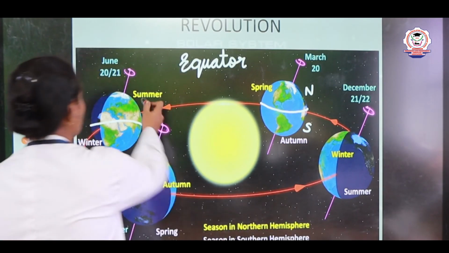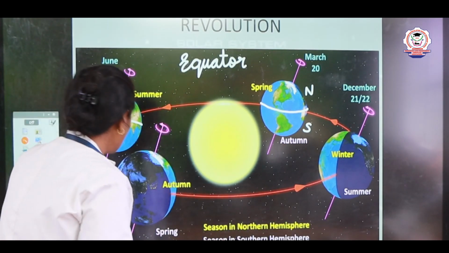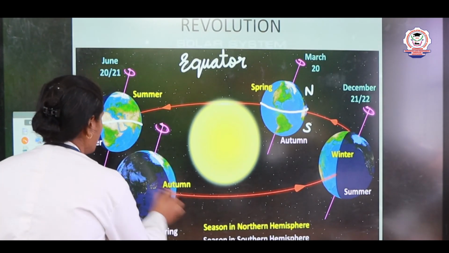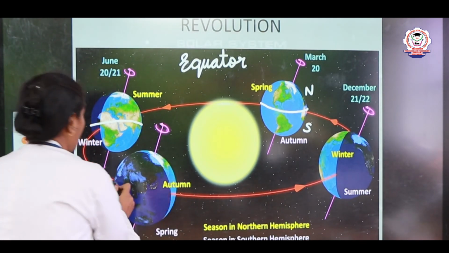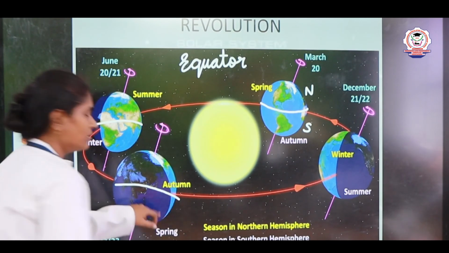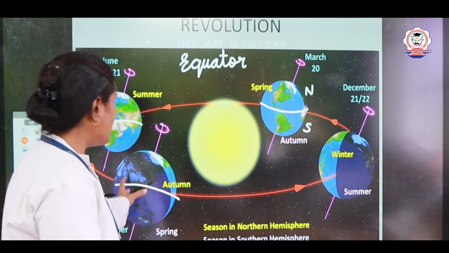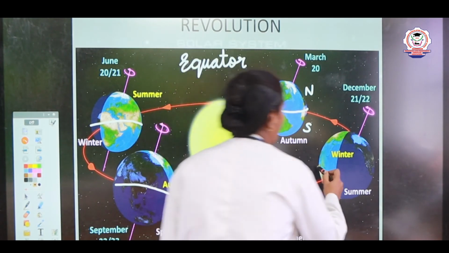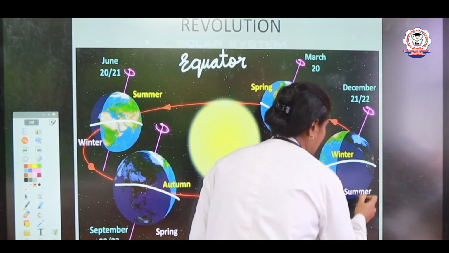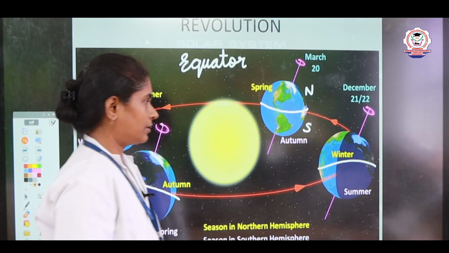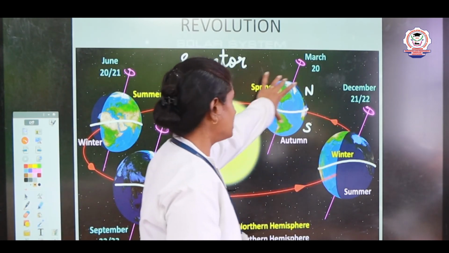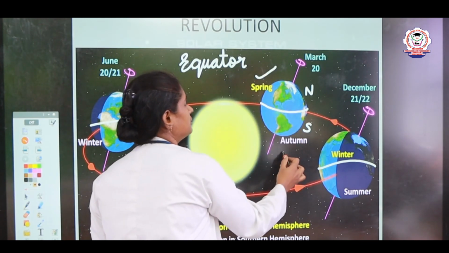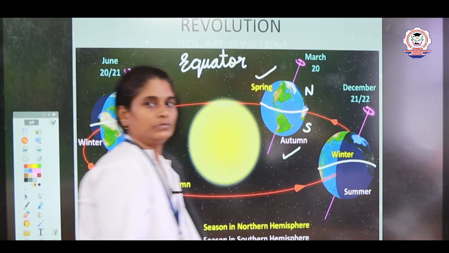After summer, when the earth revolves to this place, the northern hemisphere will have autumn and the southern hemisphere will have spring. When the earth revolves to this place, the northern hemisphere will have winter and the southern hemisphere will have summer. And when the earth revolves here, the northern hemisphere will have spring and the southern hemisphere will have autumn, right.